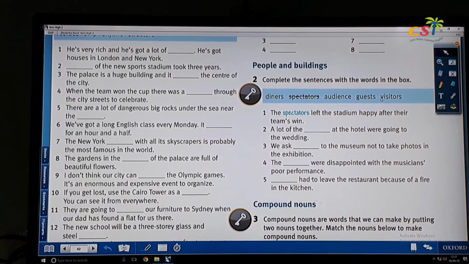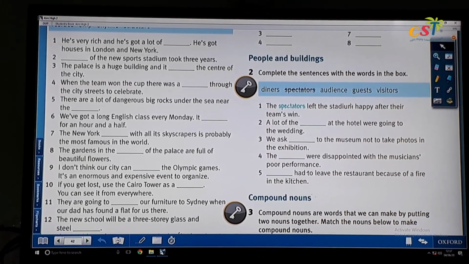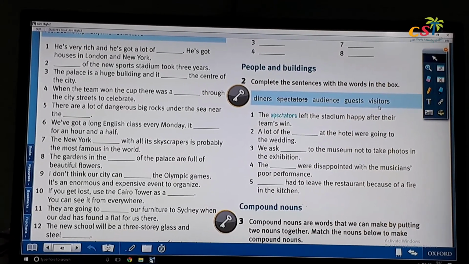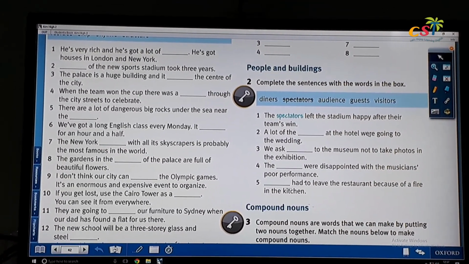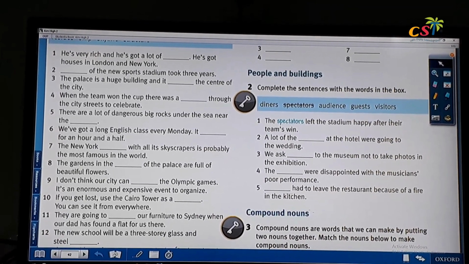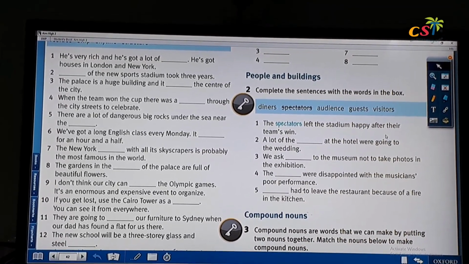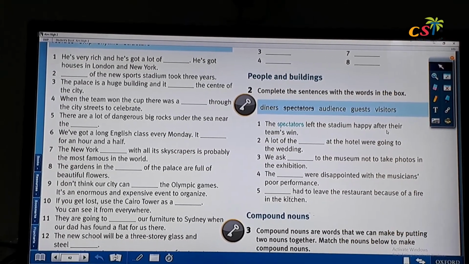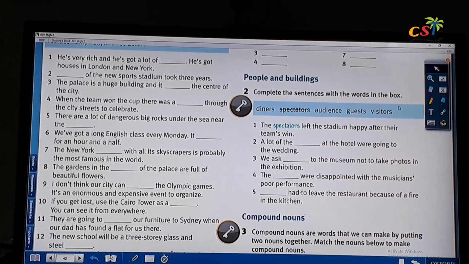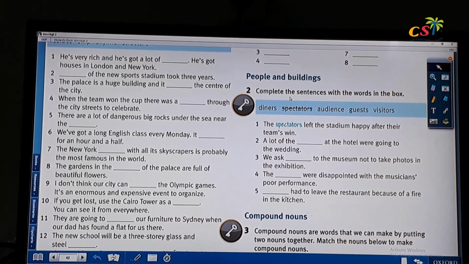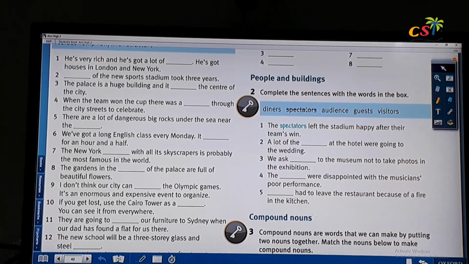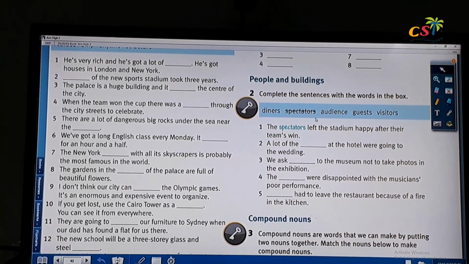Guests are people who visit other people's house. Okay. Visitors are people who visit public places like a museum or maybe a tourist attraction and so on. We call them visitors. Okay, so these are names of people based on the building that they visited.